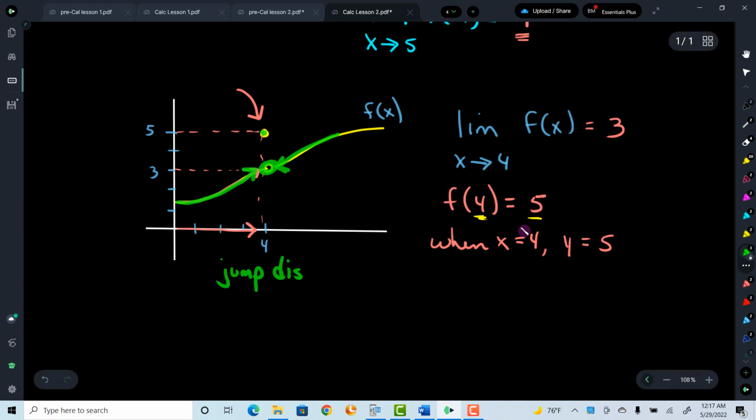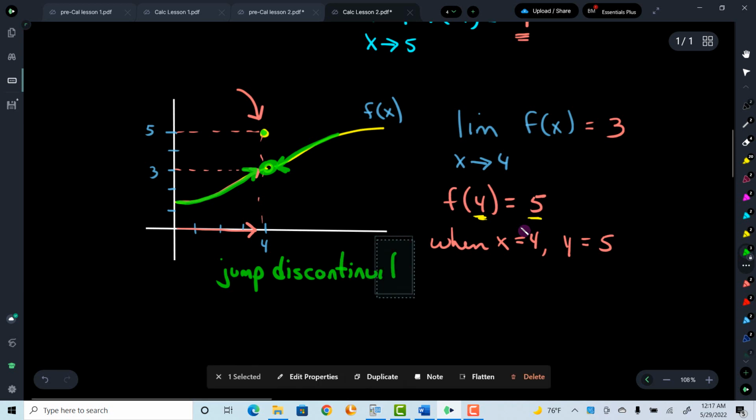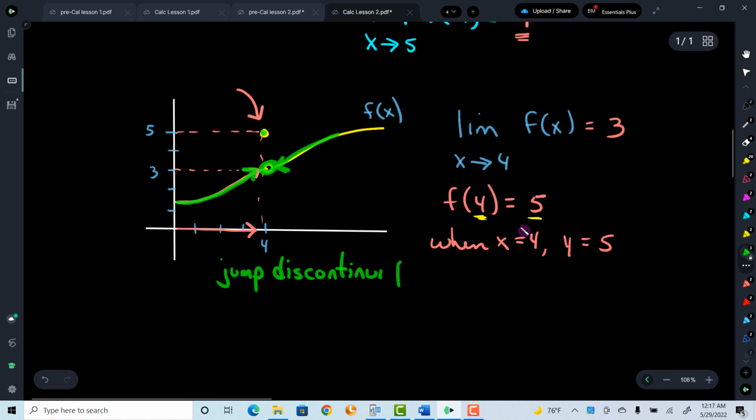We'll talk a little bit more about that in another video. This particular function is discontinuous and it jumps in its discontinuity. We talked about this early in the pre-calculus class last year, right? So we've got this limit, it's approaching this value, but then when it gets to 4, it actually jumps up to this number. But the limit as it's approaching that value equals 3. Okay.